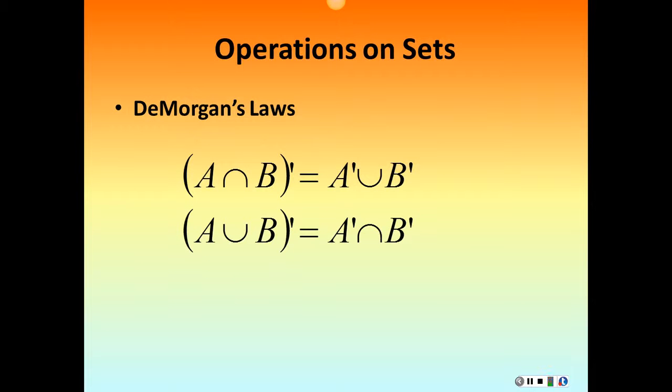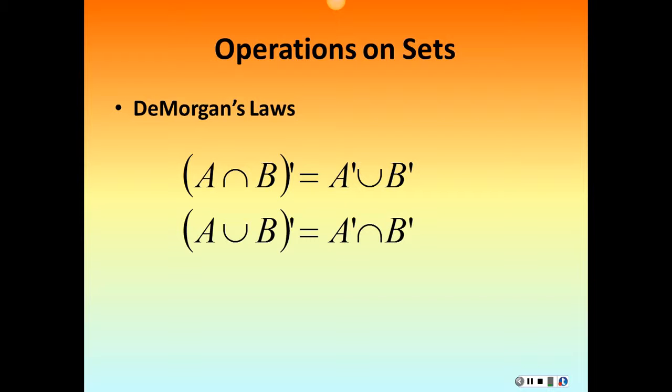Operations on sets. Now we'll get into this a little more in 2.4, but basically, operations on sets are going to be questions where I'll give you sets A and B, and I'll say evaluate this intersection or this union. And De Morgan's laws are one of the ways that we can make things a little easier for us. De Morgan's laws basically say that it's a way of thinking of complements.